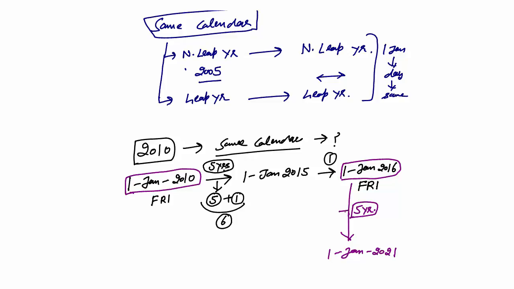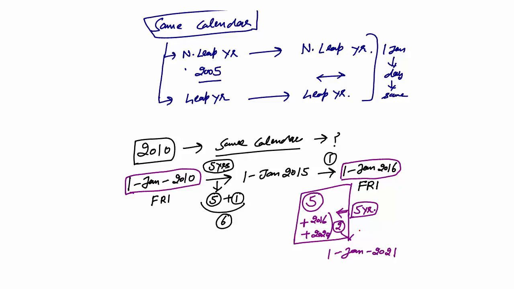So 5 years, how many odd days do I have? You have 5 odd days straight away. 1 year, 1 odd day; 5 years, 5 odd days. And how many times is the 29th February coming? In 2016, the 29th February will come, because after 1st January, 29th February 2016 will come, and 2020 will also be a leap year.